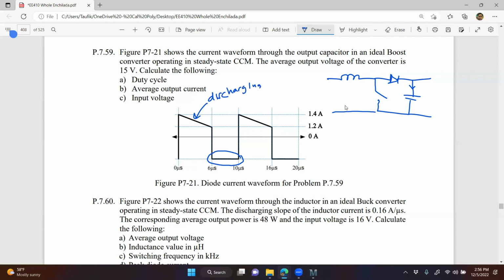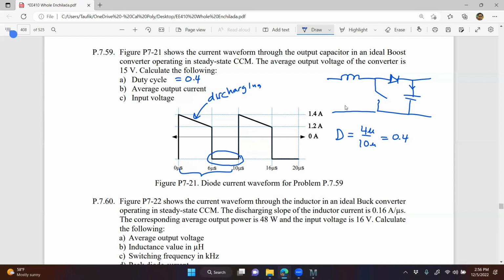You're right, the duty cycle should be 6 out of 10. That's 4 microseconds divided by 10 microseconds, so that's 0.4. Any question on this one? Okay, that's part A. Part A is 0.4.